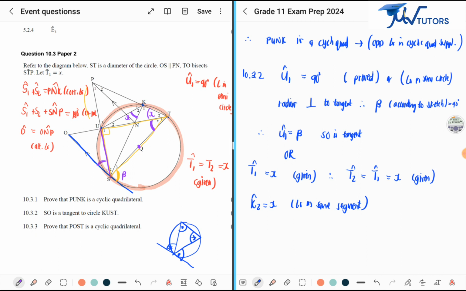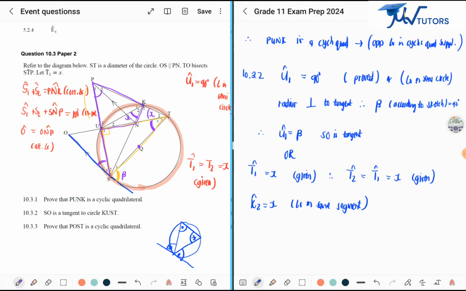Okay. And then what else can we see? Remember this is a cyclic quad. Please don't forget we already proved it is a cyclic quad. So if K2 is X, P1 is X.